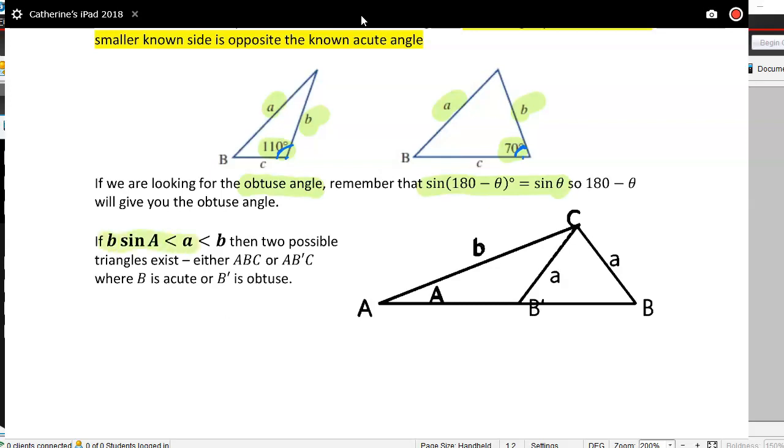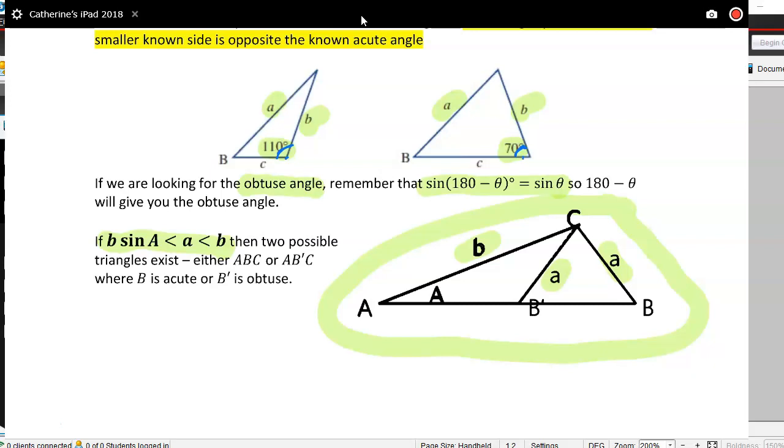So if B sine A is less than the size of A, which is less than the size of B, then two possible triangles exist. And you can see that existing in this diagram here, where there's B and A, those sides.